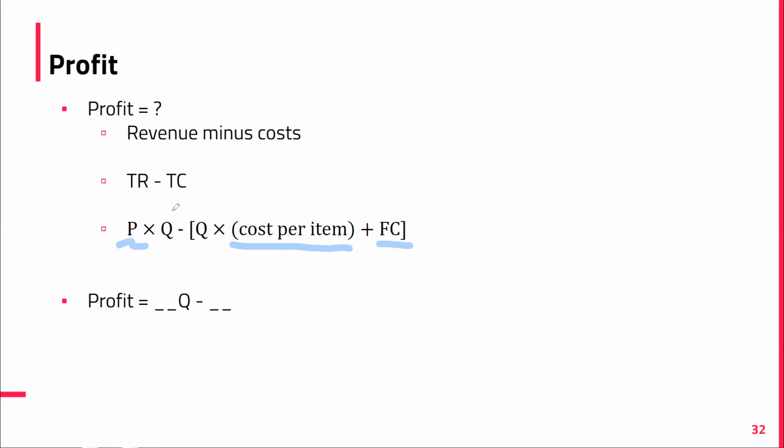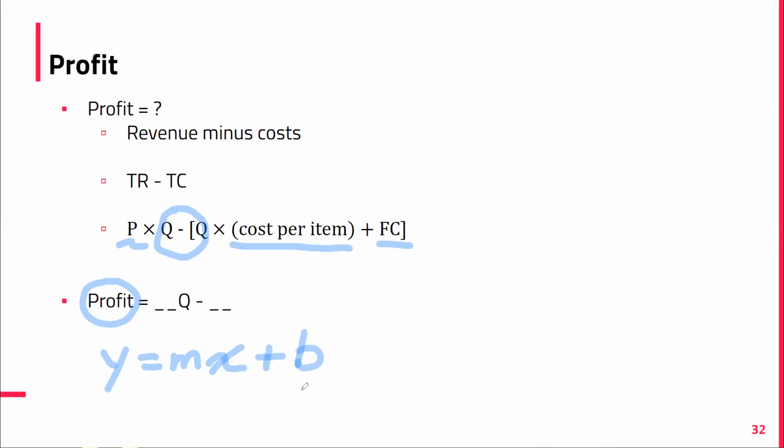So it looks like we have one variable here and then one other variable here with our profit. This is kind of like y equals some sort of slope, some coefficient on the Q value, mx plus b.